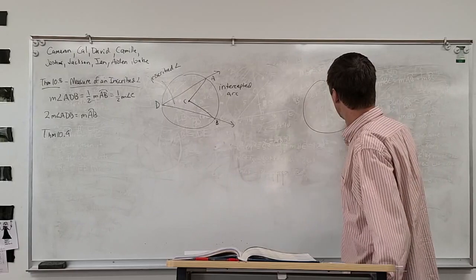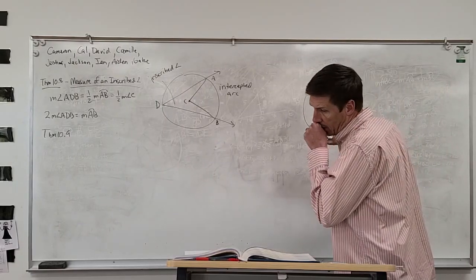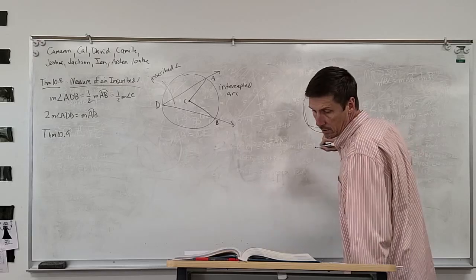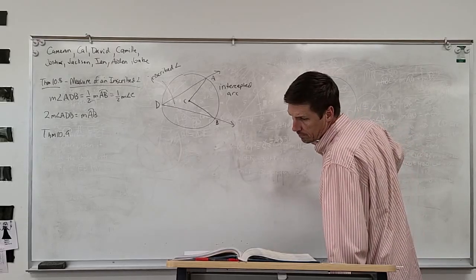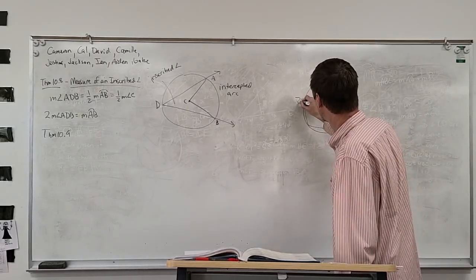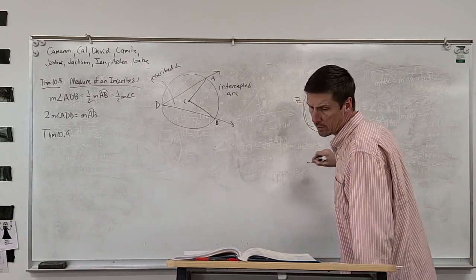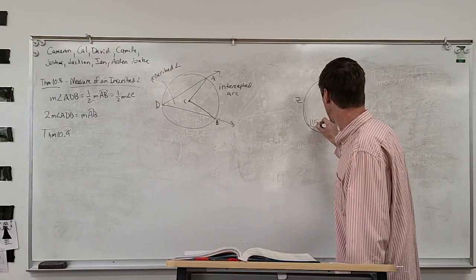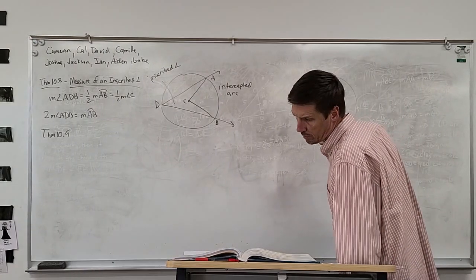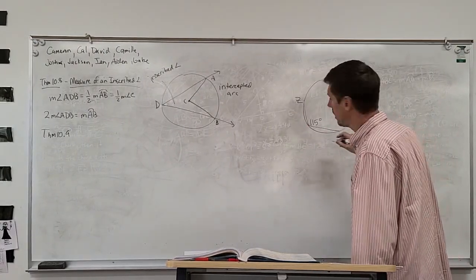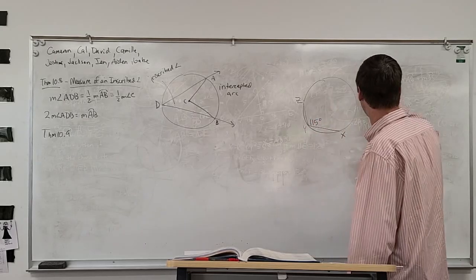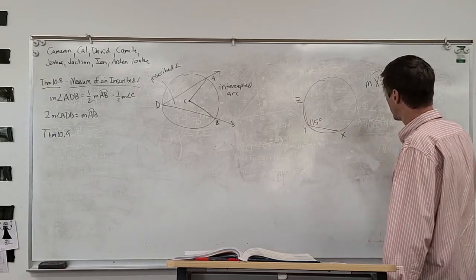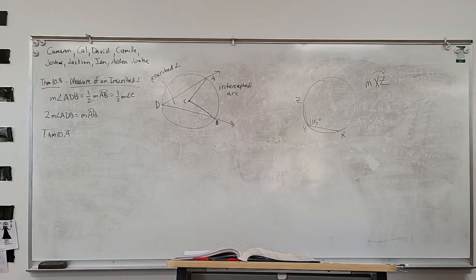But if I had a circle that looked like this, and I had these points Z and X right here, and I was told that this was 115 degrees, and I asked you what would the measurement be of, this is Y, what would the measurement be of arc XZ, what would your answer be?